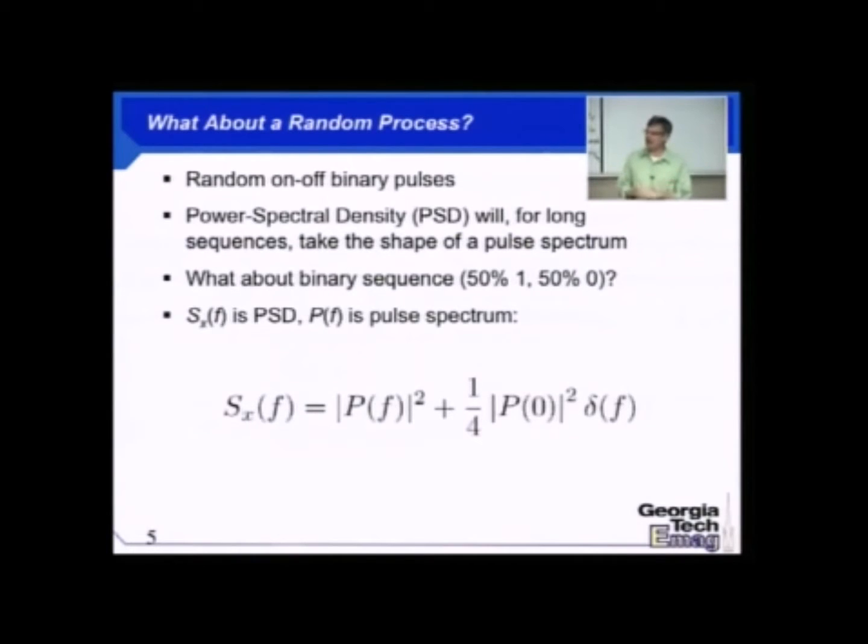Instead, I can characterize it with something called a power spectral density, something that has units of watts per hertz that tells me where the average spectral energy is distributed in this information signal. And that's useful because then I can say, here's where the signal energy is for this random signal.